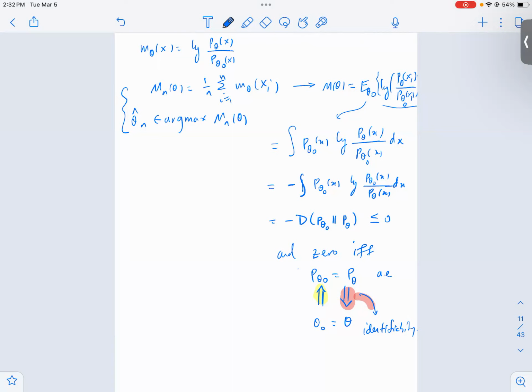So if your model is identifiable and if your regularity assumptions hold, which we didn't go too much into, but basically if the parameter space is compact and things are continuous, then you'll be fine. Then you get this, but this step is important.